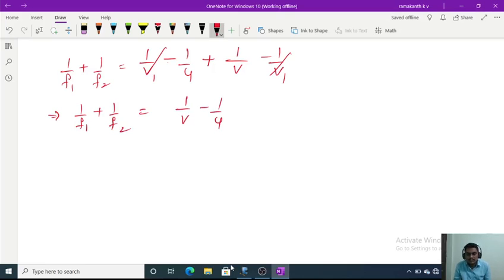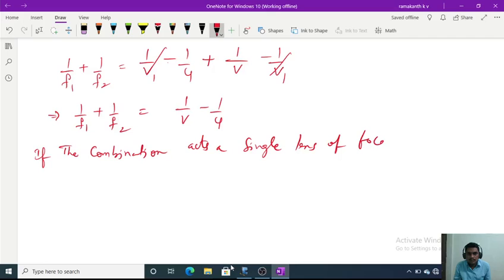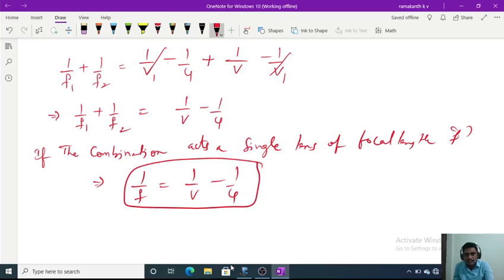Here is the combination of two lenses. If the combination acts as a single lens of focal length f, then the relation between focal length and image and object distance can be written as 1 by f equals 1 by v minus 1 by u.